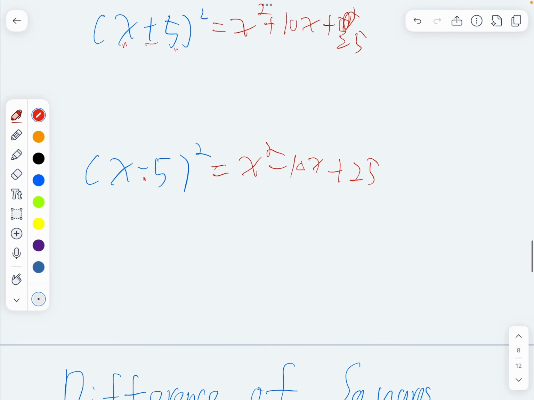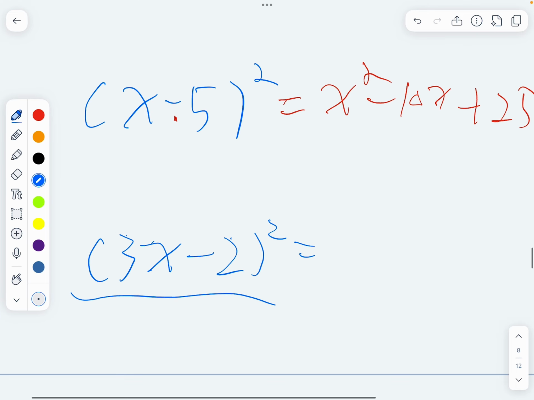Okay, I can give another example. What happens if the coefficient is going to be 3x minus 2, squared? Let's do that example.